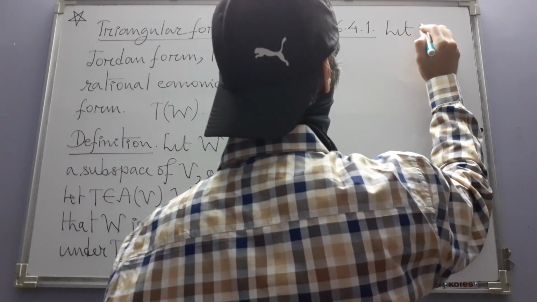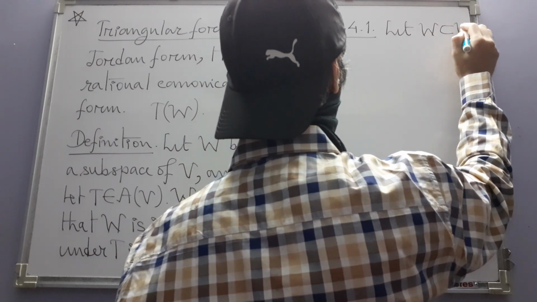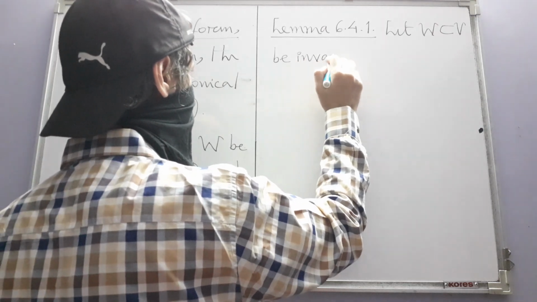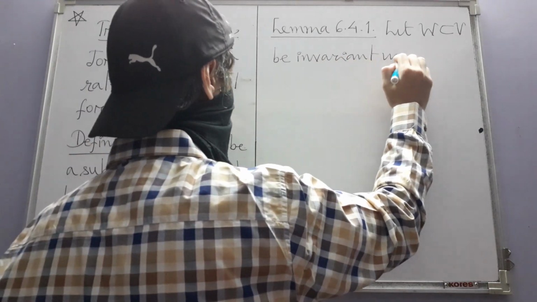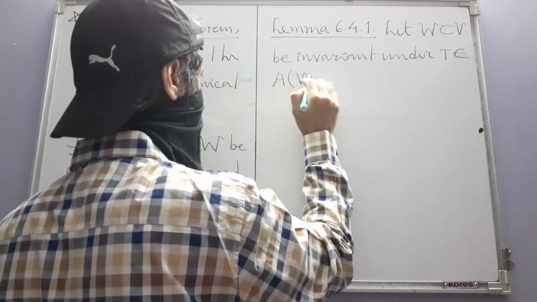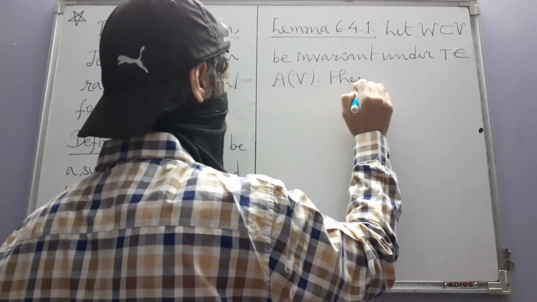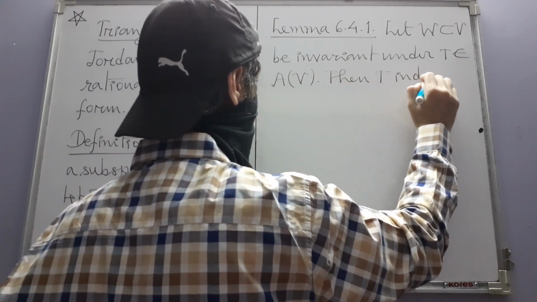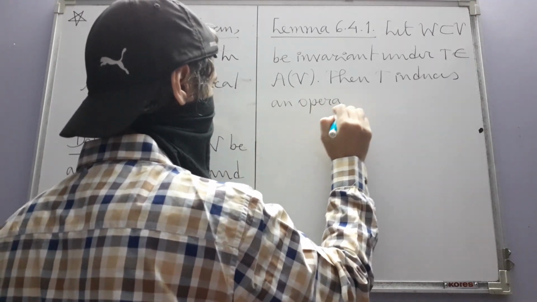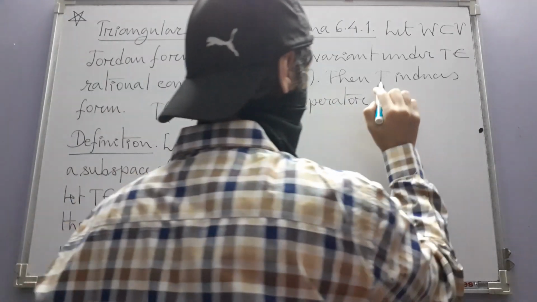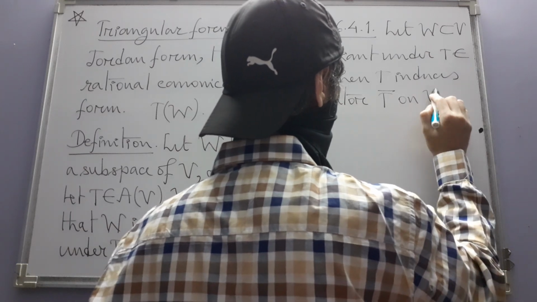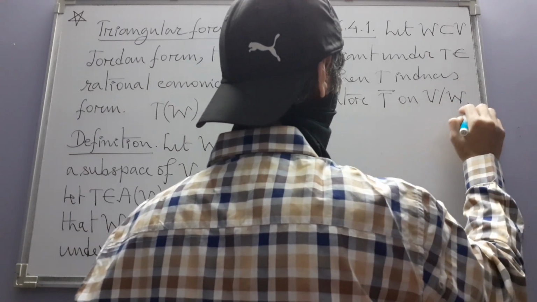Let W, which is a subspace of V, be invariant under some operator T on V. Then T induces an operator T bar on the quotient space of V by W.